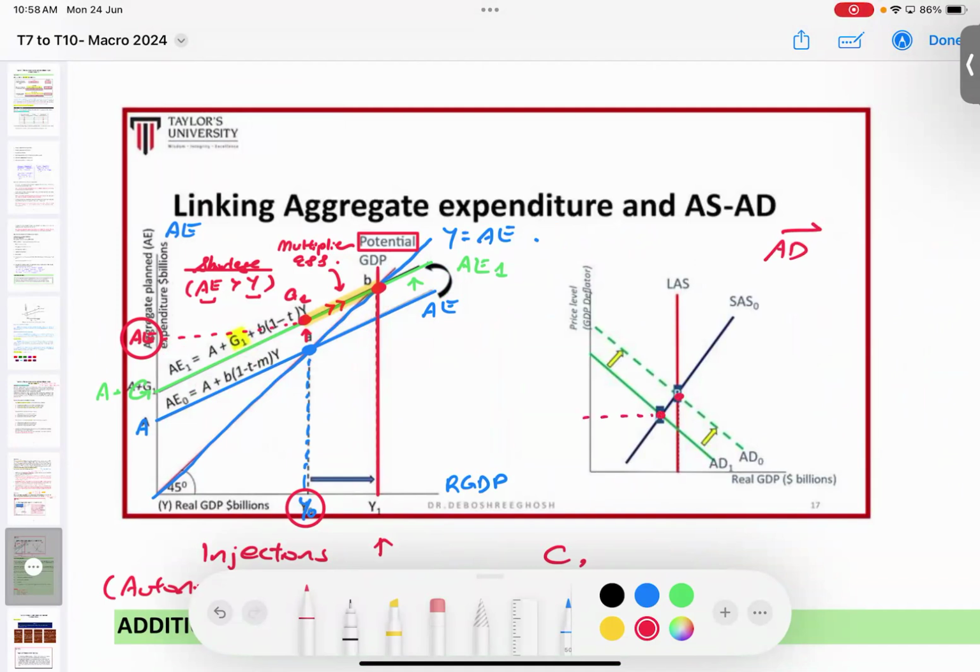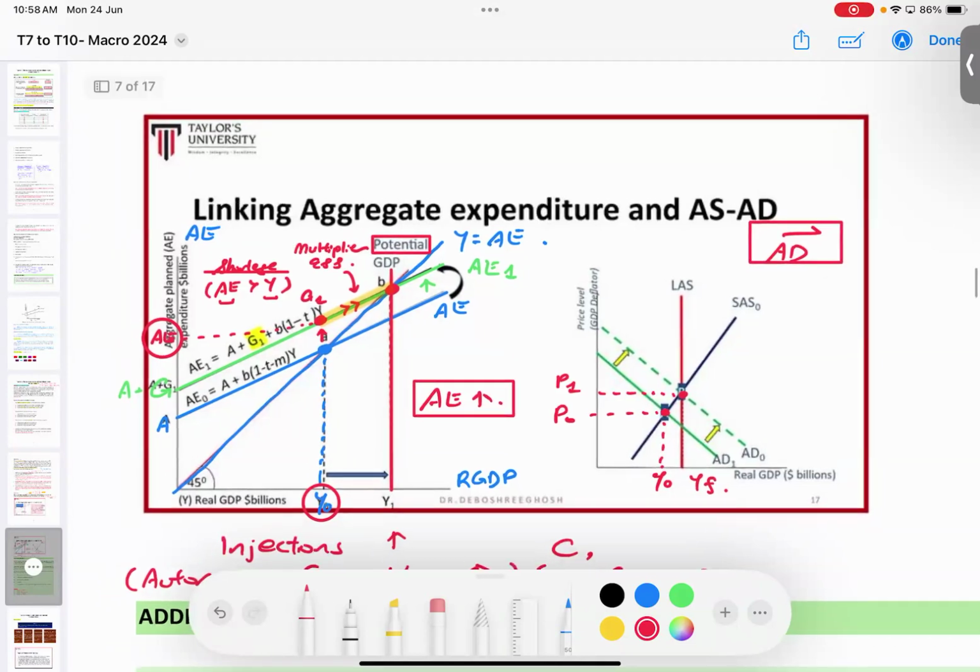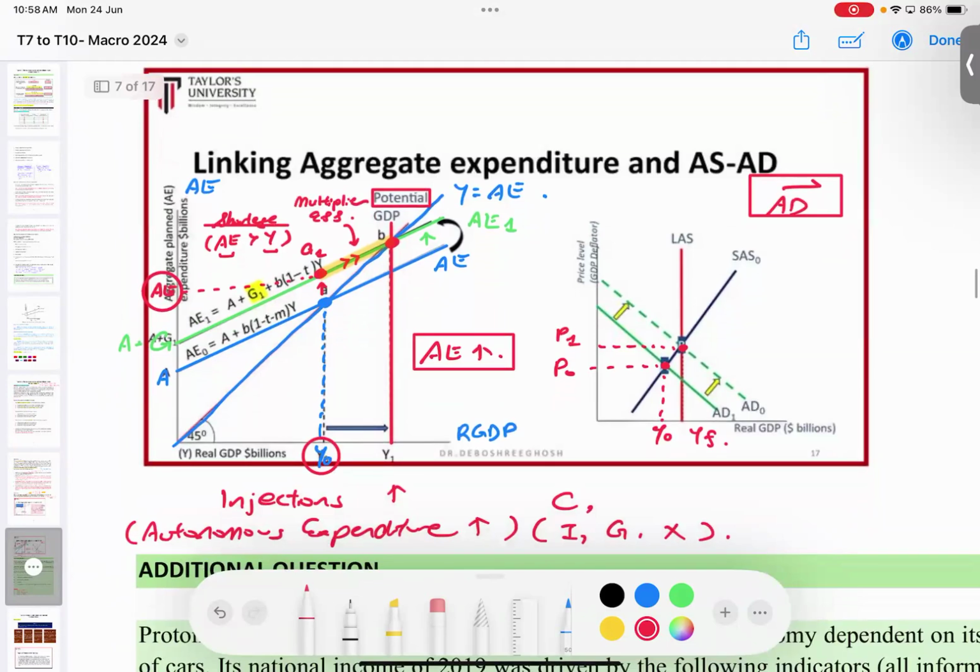At first it's at this price level and this output, and then it moves up to P1 here, which is full employment. So you see AE shifts upwards, and it can be represented by a rightward shift of aggregate demand. This is a simplified version.